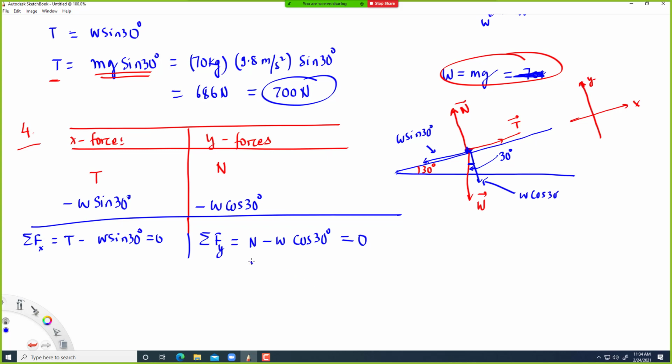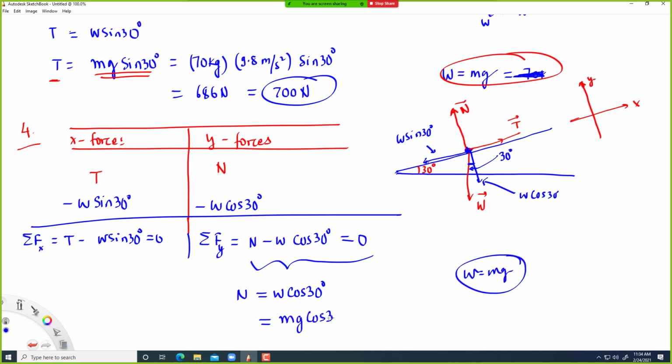We have N in this equation, so let's solve this one. So N is equal to W cosine 30 degrees. Weight is mass times acceleration due to gravity, so mg cosine 30 degrees.